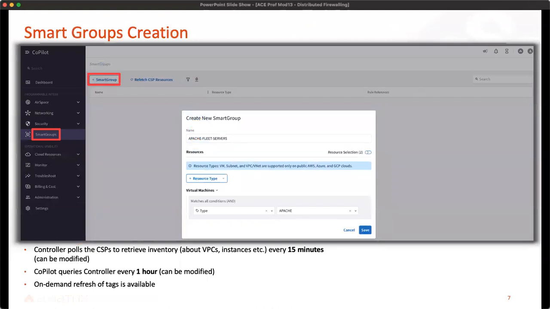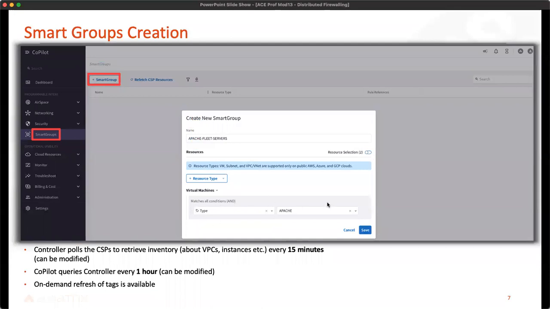It's very easy to create a smart group. You can, for instance, match tags where the tag is called type Apache, and you can see that resource selection 2 means that there are 2 resources matched by this condition.